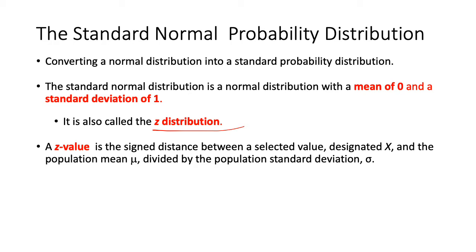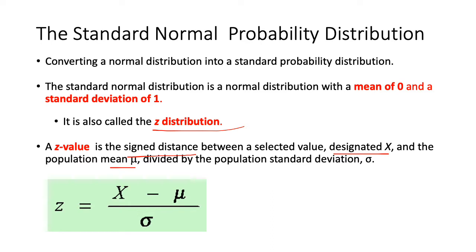A Z value is the difference between a selected value x and the population mean, divided by the standard deviation. So this is how we take a value x and convert it into how far that x value is, in terms of standard deviations, from the mean. And we're going to call this Z.